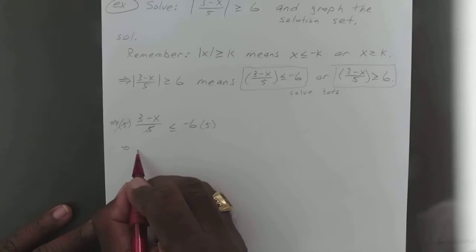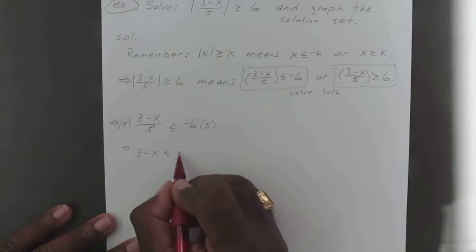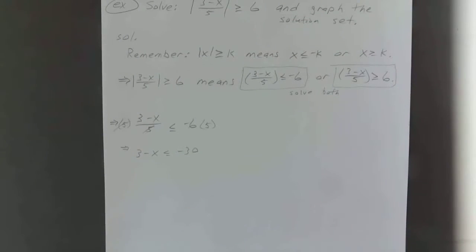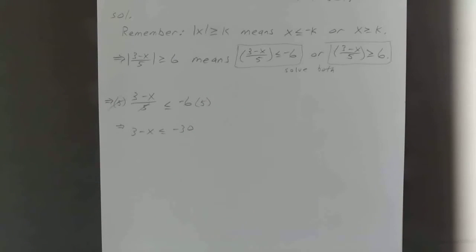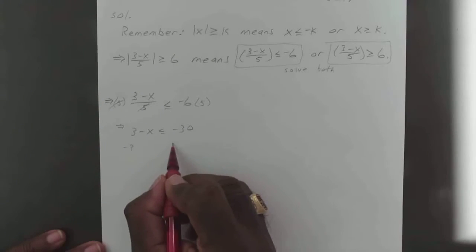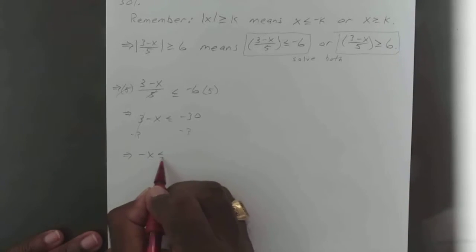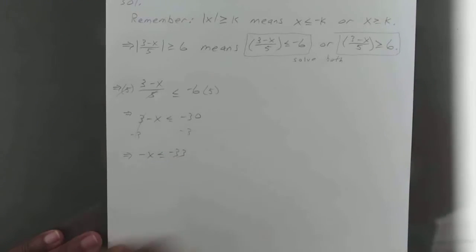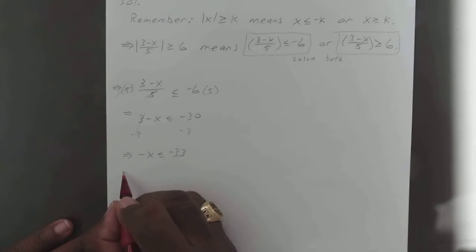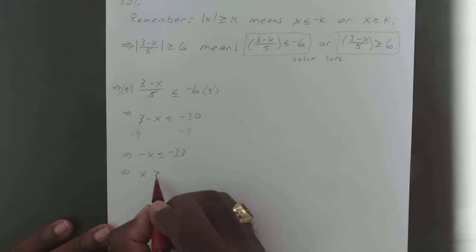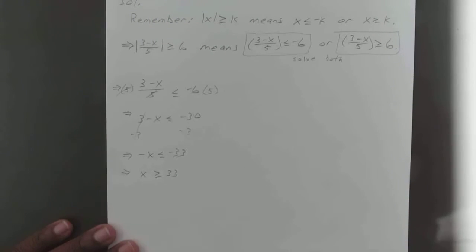These two cancel out, so you have 3 minus x is less than or equal to negative 30. Now we subtract 3 from both sides, so we have negative x is less than or equal to negative 33. You can divide or multiply each side by negative 1, and that'll solve for x. But remember, whenever you divide or multiply by a negative number, you have to switch the signs. So x is greater than or equal to 33.